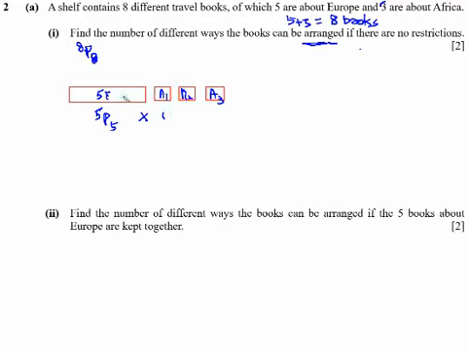Now, let's talk about block 1, block 2, block 3, and block 4. How many ways can you arrange this? I'm going to take 4 of them and I'm going to arrange them.